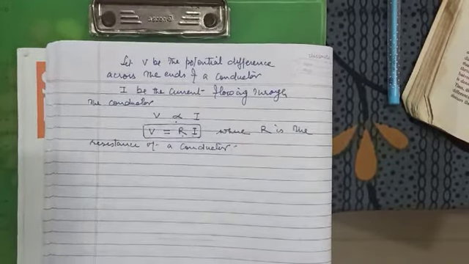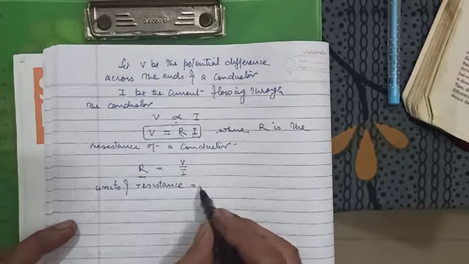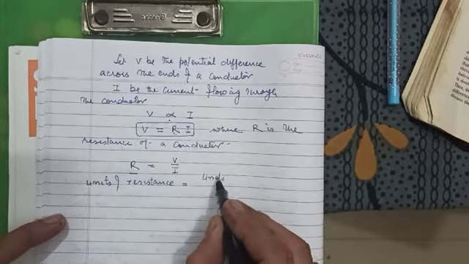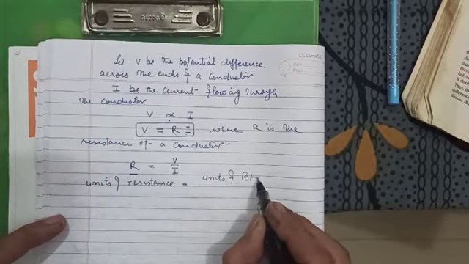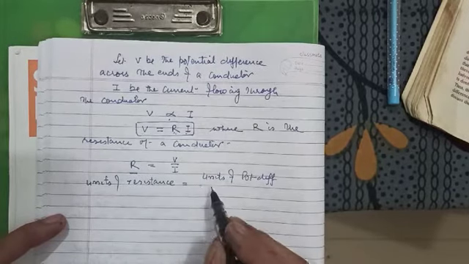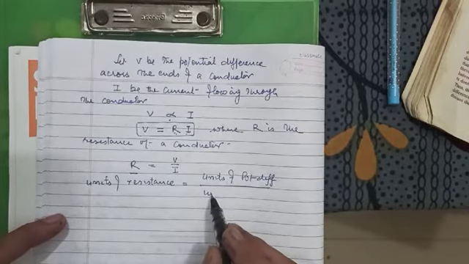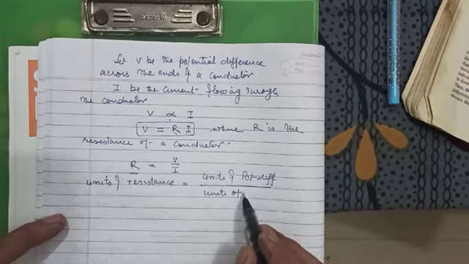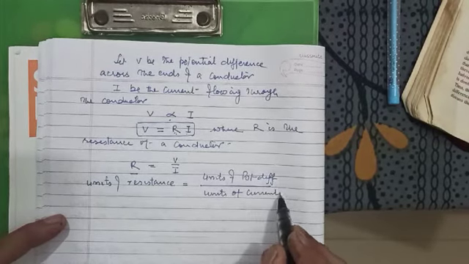From here we can find the value of R. R equals V upon I. We can write the units of resistance. So units of resistance equals units of potential difference divided by units of current.